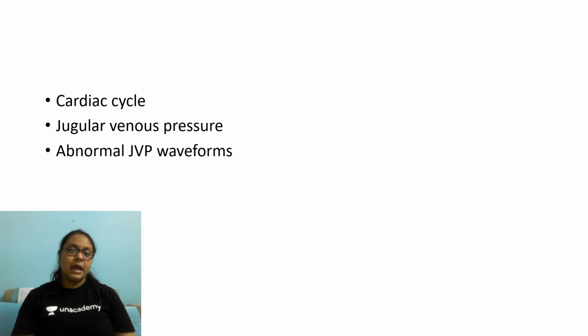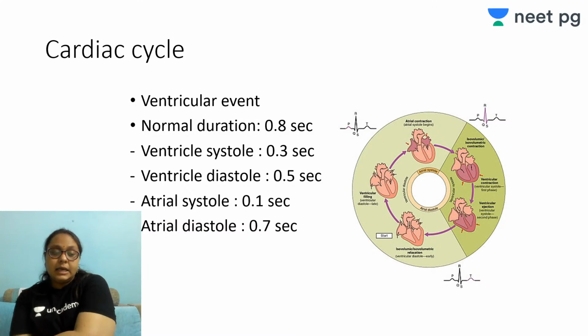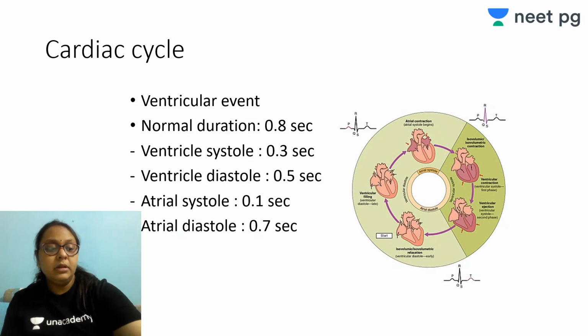Tomorrow we'll be discussing blood pressure monitoring, the non-invasive and the invasive blood pressure monitoring, also central venous pressure monitoring, in which the JVP will be very important, and then the cardiac pulmonary catheter. So all these things we'll be discussing tomorrow. Today we'll be discussing cardiac cycle, jugular venous pressure and abnormal JVP waveforms. Is it clear? Am I audible?